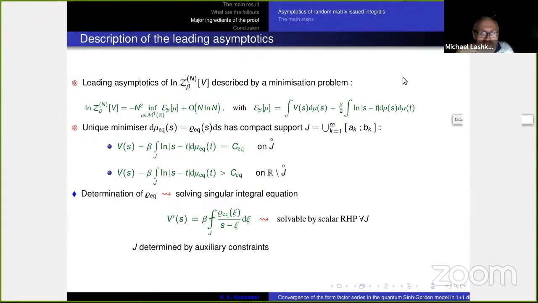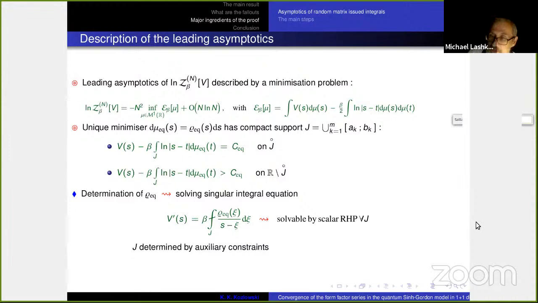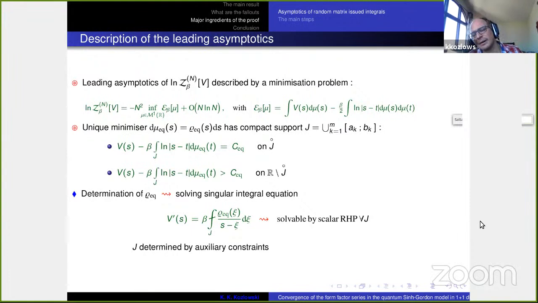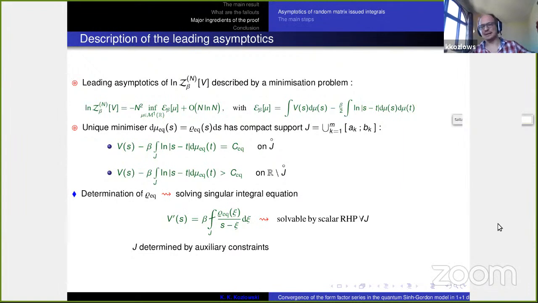I guess it would be interesting to analyze convergence on, if I'm not mistaken, a semicircle of the constant G, connecting the Sinh-Gordon model with the free fermion model in the Sinh-Gordon region. Oh, maybe some problems there. Yeah, probably there might be some problem, because the techniques I use are strongly built on real valuedness of the integral.